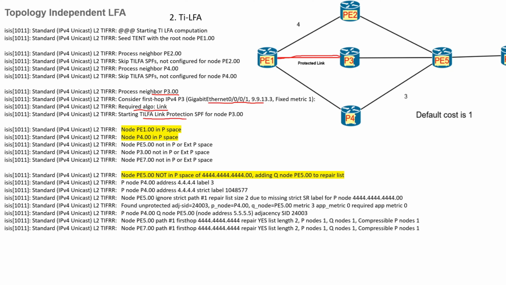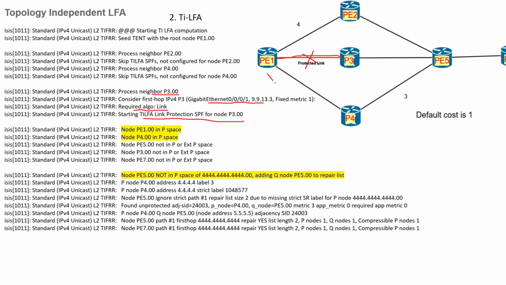Then it starts the Ti-LFA link protection for node P3. How it calculates is that it removes this link, and then PE1 runs the SPF once again to find the next best available path, or we can say the post convergence path.